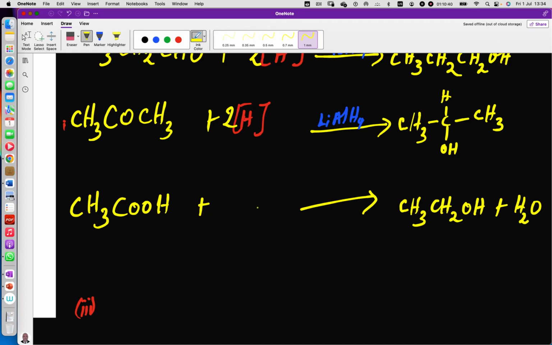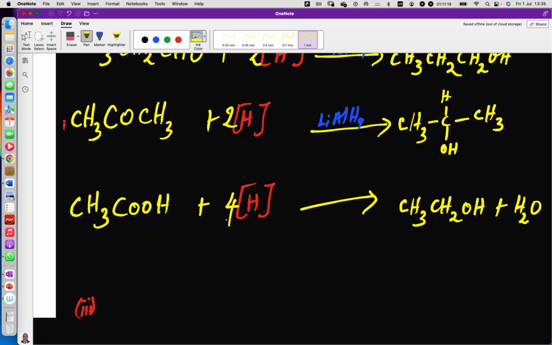So now we will need hydrogen here. How many hydrogens are needed? We need to add 2 hydrogens here, then we need to add another 2 hydrogens to make a molecule of water. So the hydrogens to be added altogether are 4.